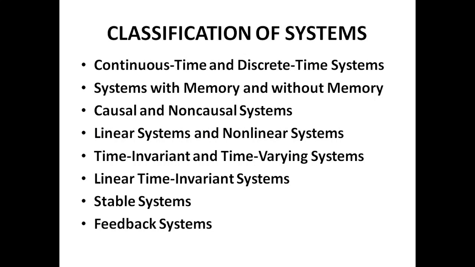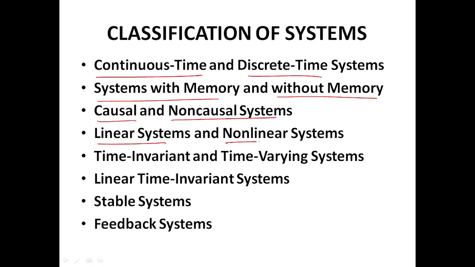Now, classification of the systems: continuous time and discrete time systems, systems with memory and without memory, causal and non-causal systems, linear and non-linear systems, time invariant and time varying systems, and linear time invariant systems, LTI systems. These LTI systems are a combination of both linear systems and time invariant systems.